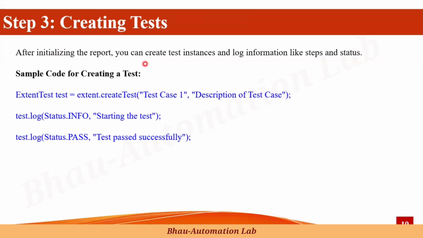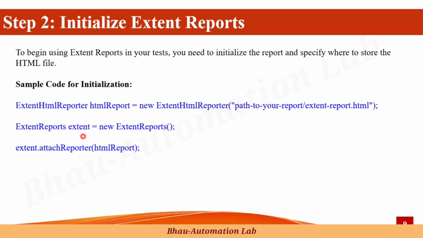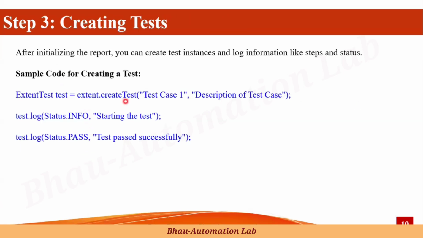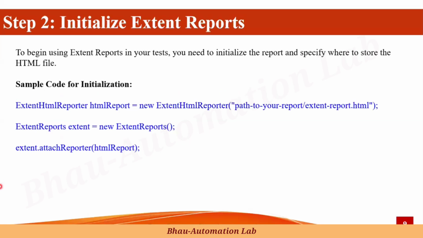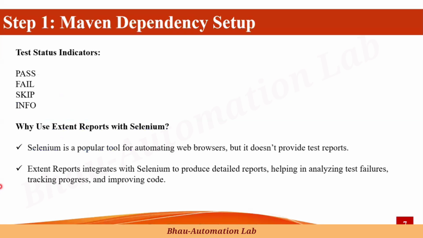After initializing the report, you can create the test instance and log the information like step and status. For example, simple code to create the test: ExtentTest test is equal to, we have created extent here, right? The simple ExtentHtmlReporter. Through that extent, we can create a test and name it, like test one, with a description of your test case. In the same way we can provide pass, fail, skip, info.